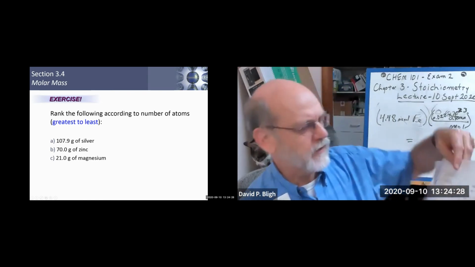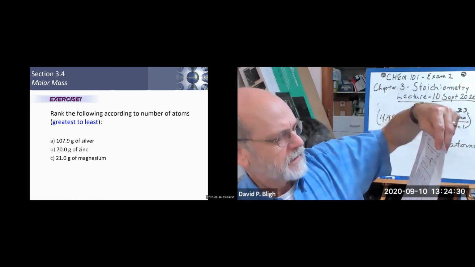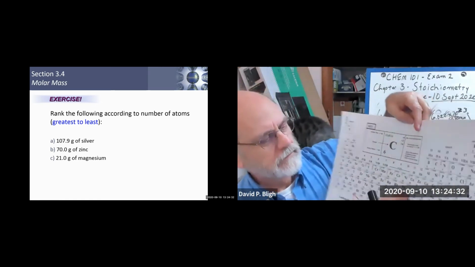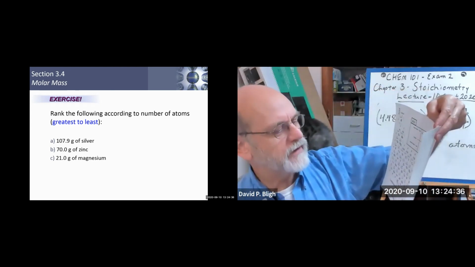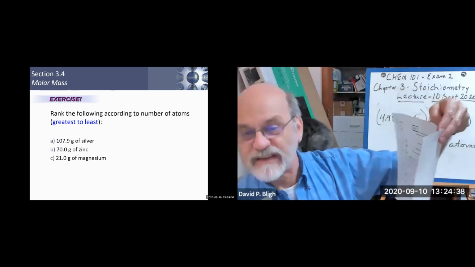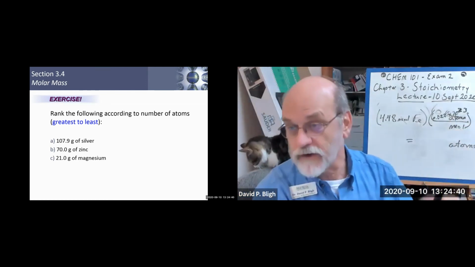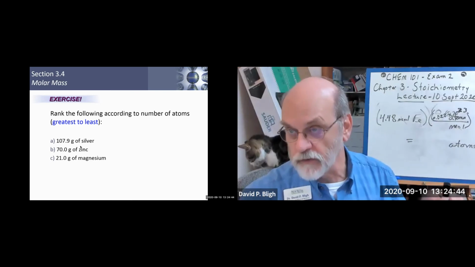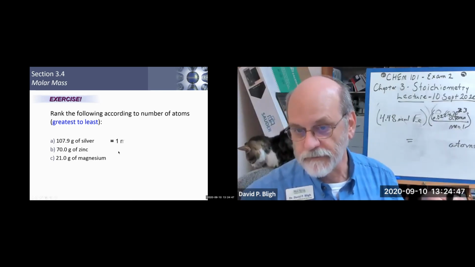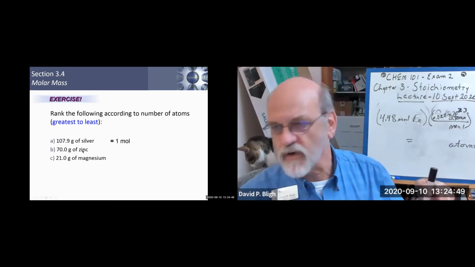So 107.9 grams of silver. Okay, here's silver, right here. And its molar mass is 107.87. So rounded off, 107.9. That means we've got exactly 1 mole of silver. Okay? How about 70 grams of zinc?